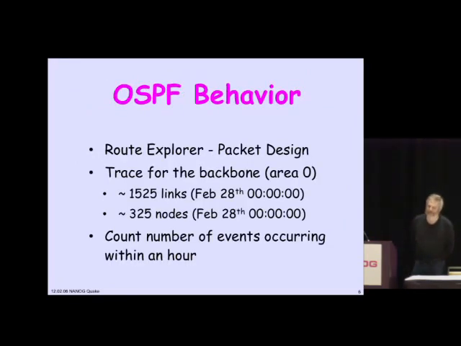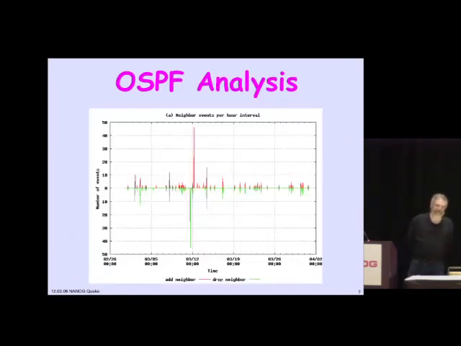Thank you, Packet Design, for giving us researchers Route Explorer so we can look at the records. There are about 1,500 links and about 325 nodes. We bucket events in an hour.